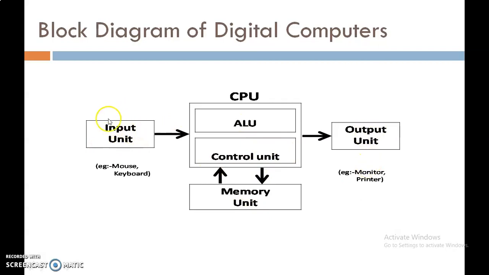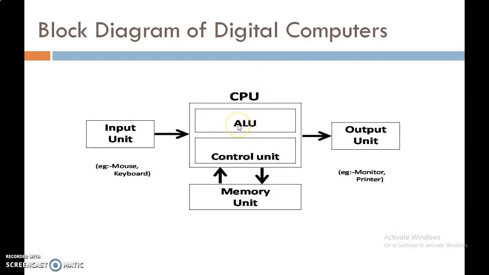Input unit accepts the digital information from user with the help of input devices like keyboard and mouse. Information received from the input is either stored in memory or directly used by ALU to perform the operations. ALU and control unit make the CPU.